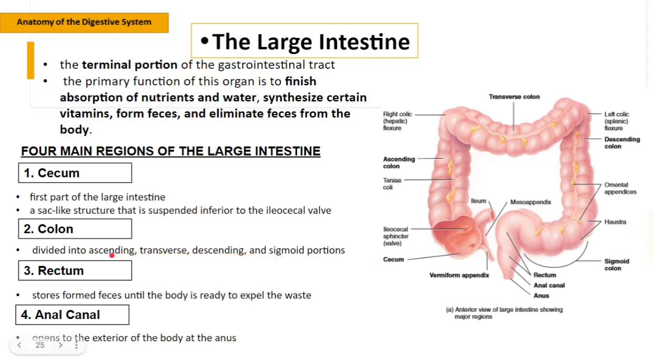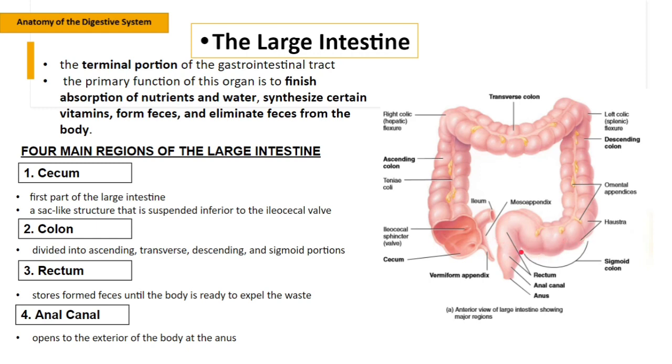The second main region is your colon, which is divided into the ascending, paangat, here, the transverse, descending, kasi pababa, and the sigmoid portion. So again, your colon is divided pa into 4, which is ascending, paangat, kaya nga ascend, the transverse, and then the descending colon, and the sigmoid portion.